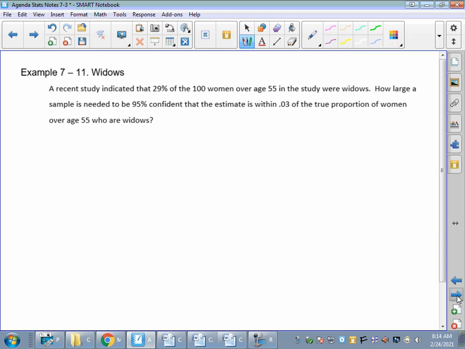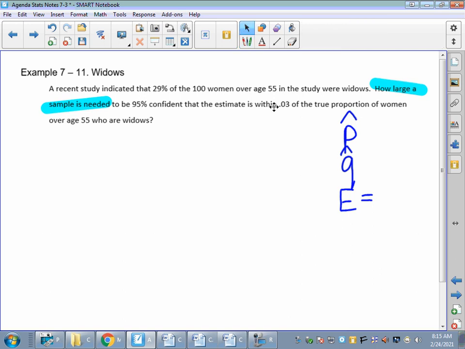We need to know P hat and Q hat. We need to know our margin of error to use that formula because it says how large a sample is needed, so we're solving for N. And we're also going to need our Z of alpha over 2.